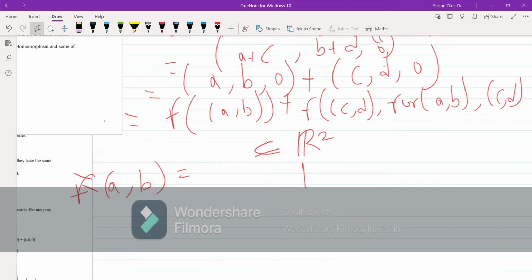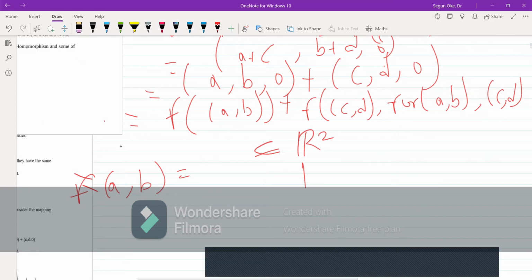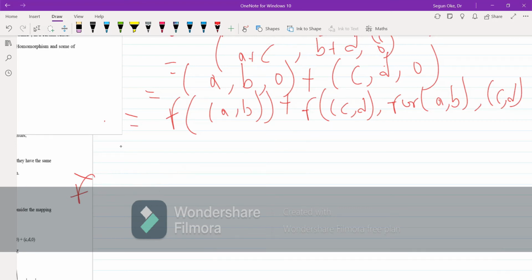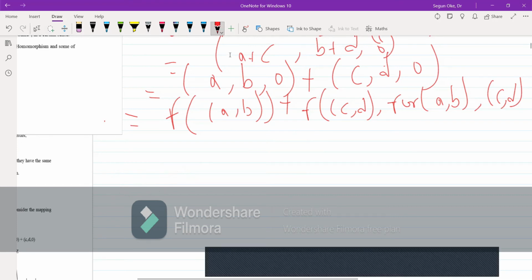So that is the first condition we try to establish. Let me write it very well so that they all belong to our R2.